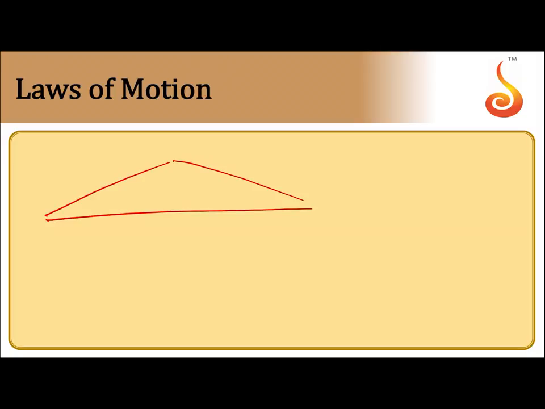Suppose this angle is alpha, this angle is beta, and we have a block of mass m1 here and another block of mass m2 here.